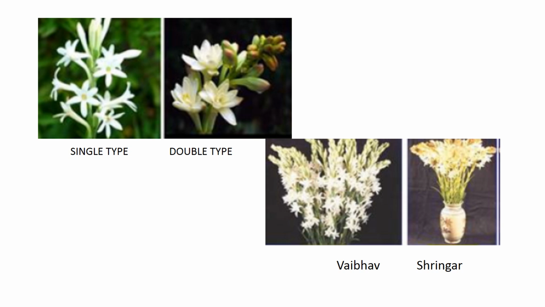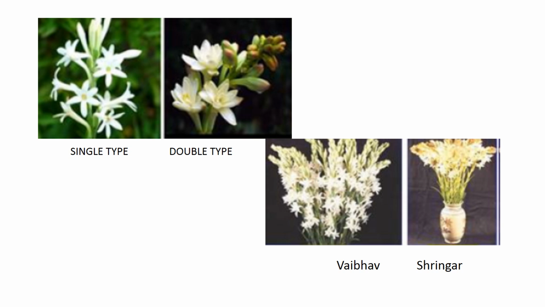In case of double type variety, they bear flowers having more than 3 rows of corolla segment on a straight spike. Spike, I already told, is a type of inflorescence like raceme, cyme, etc. So double type variety is not pure white, but it also has economic importance.